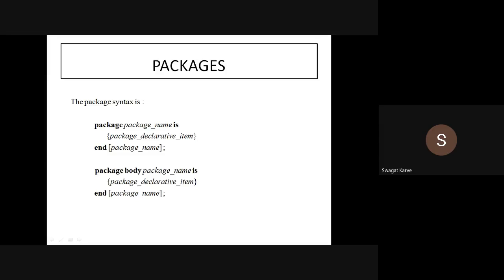You can see on your screen now. This is a typical syntax for package declaration. So package, then package name, then package declarative items, meaning the items that you have included in that package. You have to list out those items in this package declarative part, and then finally end package name, right? So this is package declaration.